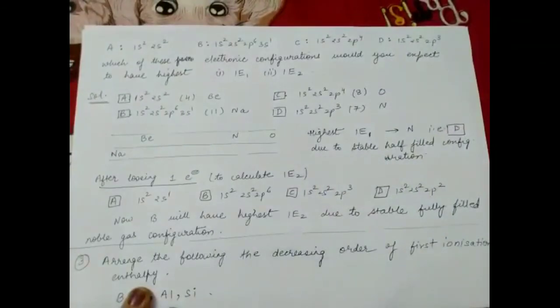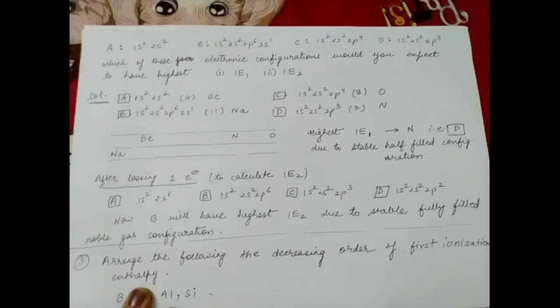Now I told you how the electrons are filled in the orbitals. 1s, 2s, 2p are basically the orbitals. We have that sheet in which I told you how shells are divided into subshells, subshells are divided into orbitals, and ultimately in these orbitals the electrons are filled. One orbital can occupy only 2 electrons.